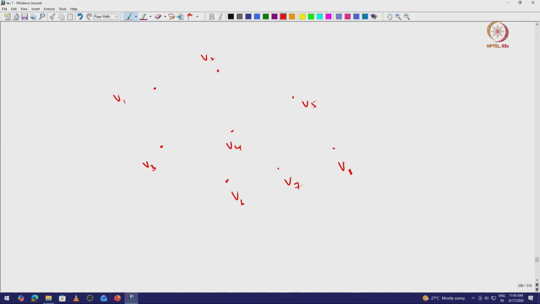Now E1 connects V1 and V2, so this is my E1. Then we have V2, V3, that is E2. And what is E3? It is V3, V3. So I will take this to be my E3.